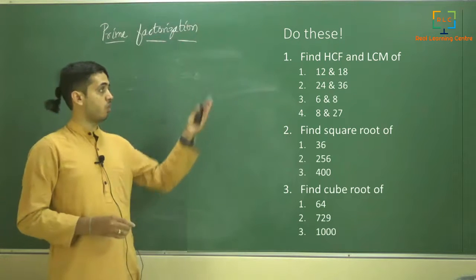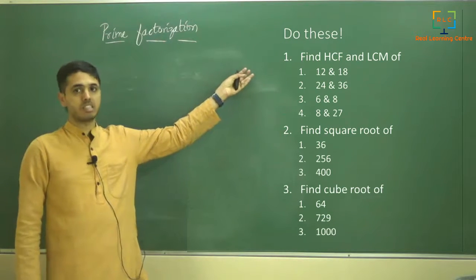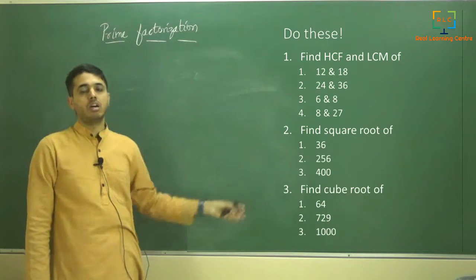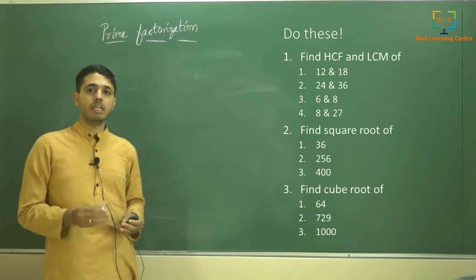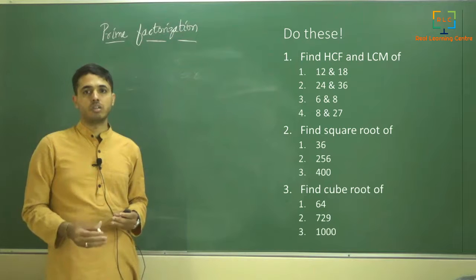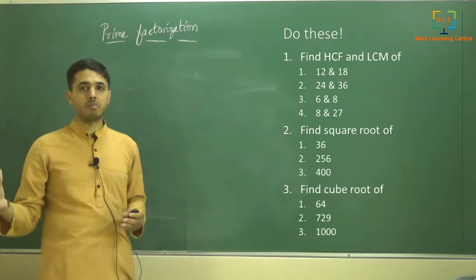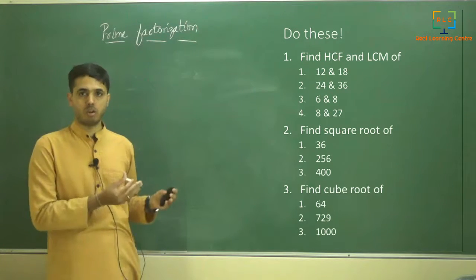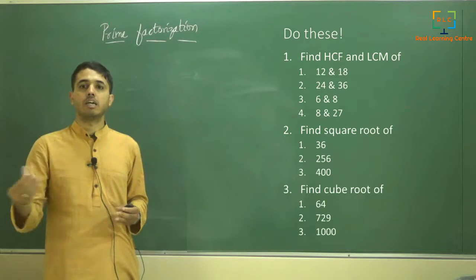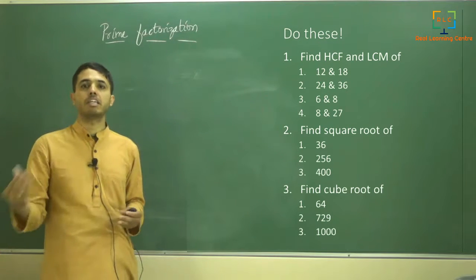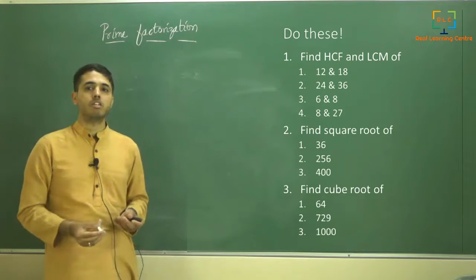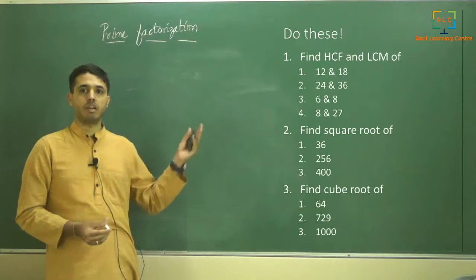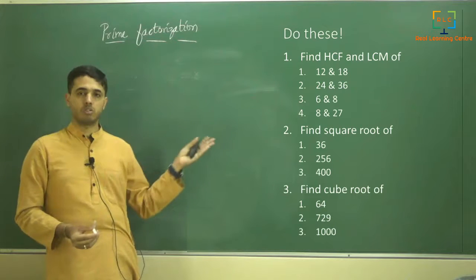Hence the techniques we are discussing for finding HCF or LCM or even square roots and cube roots are simple and easy to do for smaller numbers. Smaller means not too small, say a 4-digit number or a 5-digit number, maybe even up to a 10-digit number. We will be able to use this concept of prime factorization to find the highest common factor, lowest common multiple, square root and cube root.